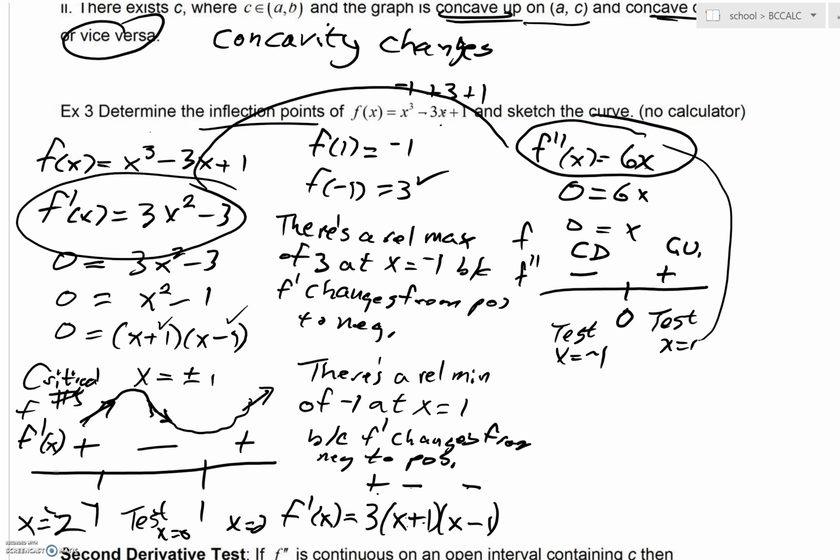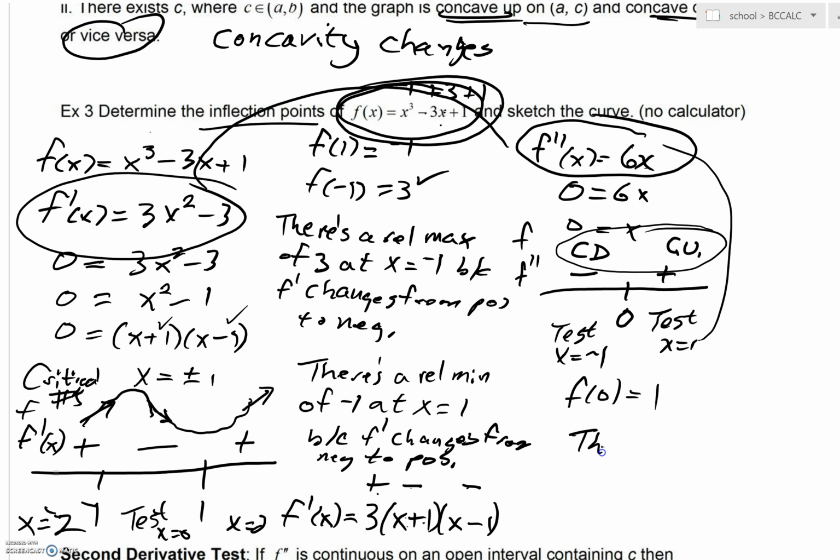What are we really getting at? We're getting a change in concavity. We're changing from concave down to concave up. So that means there's a point of inflection. F of 0, just plug in x equals 0, you get y equals 1.